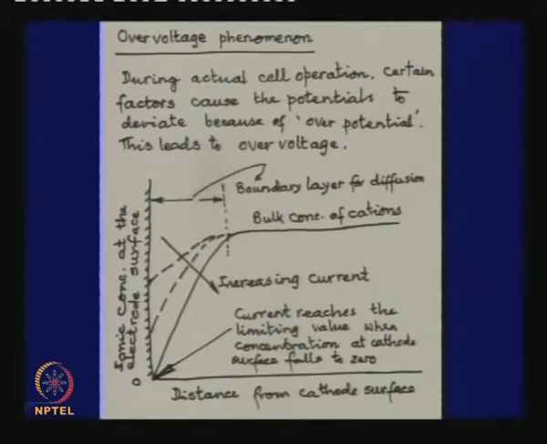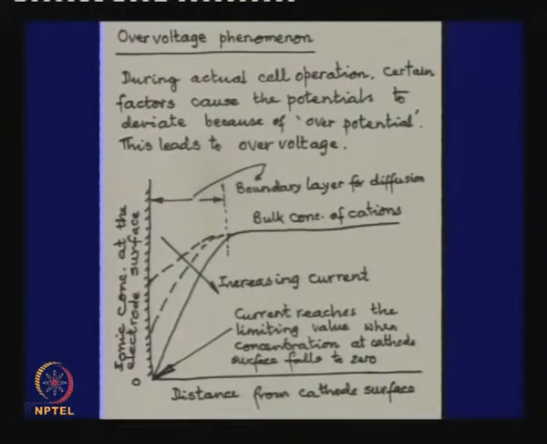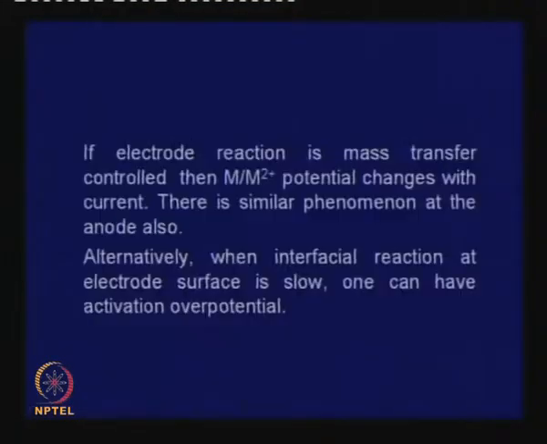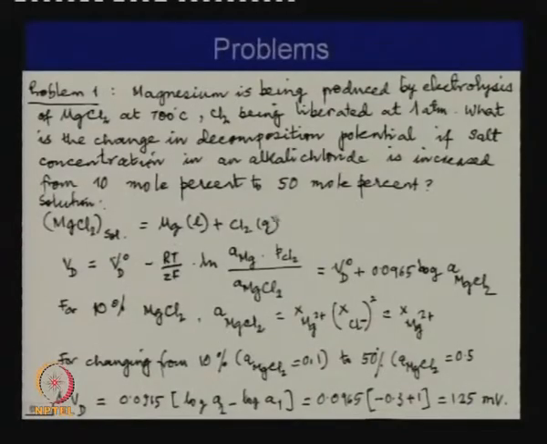Now, in some cases the limiting step is not concentration over potential, but activation over potential, which makes it possible to have zinc in zinc electrolysis. But then this concept of limiting current density is very important. Why is it important?